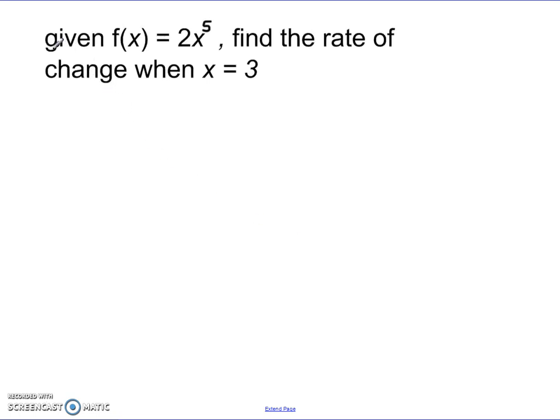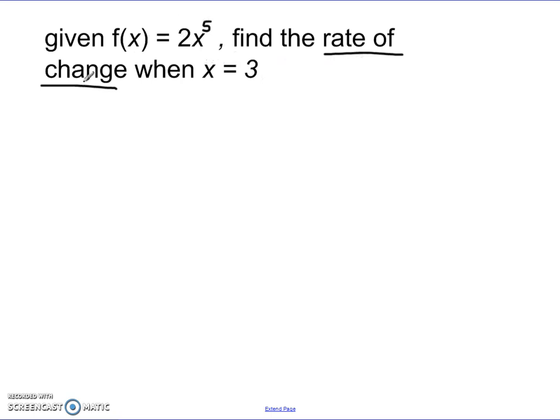So let's imagine I tell you that given f of x equals 2x to the power of 5, find the rate of change when x equals 3. First thing you need to think about whenever you see that phrase rate of change is instantly think of the derivative. That's what I want to calculate. Now remember, when we said we're calculating the derivative, we want to write the terms first in the way that we want, so as ax to the n, those sorts of form.